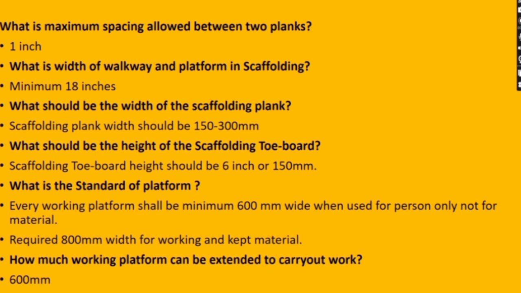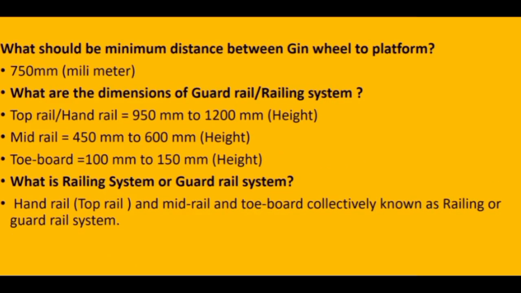How much can a working platform be extended to carry out work? 600 mm. What should be minimum distance between gin wheel to platform? Answer is 750 millimeter.